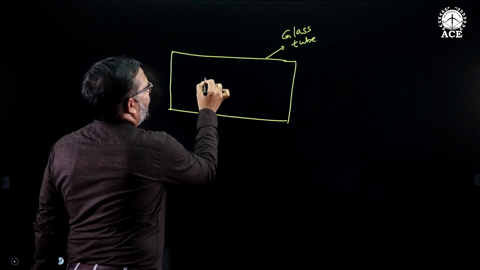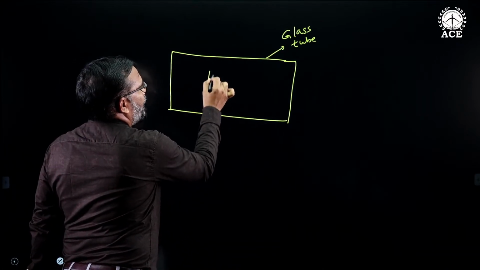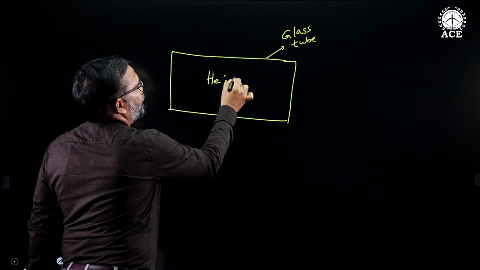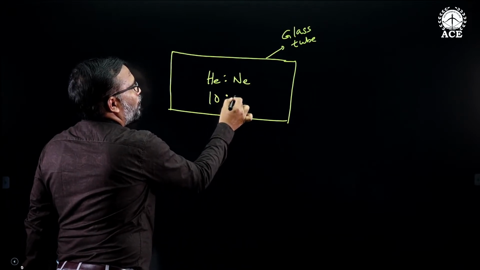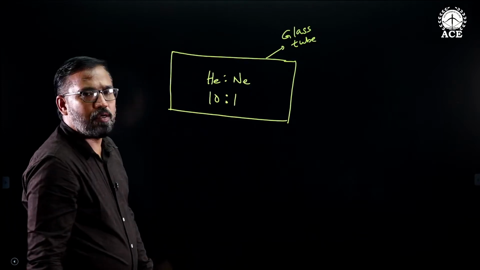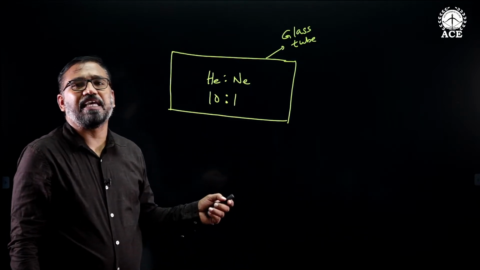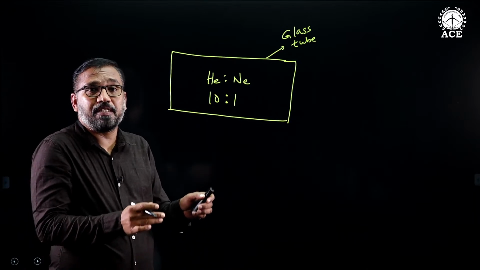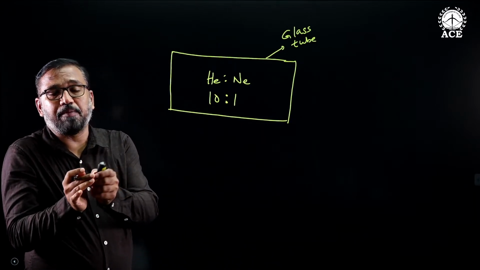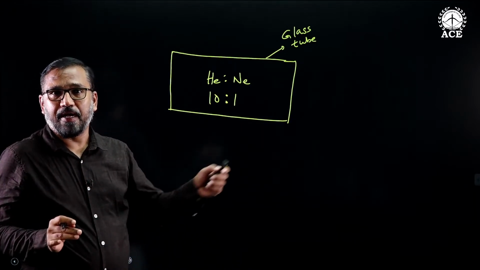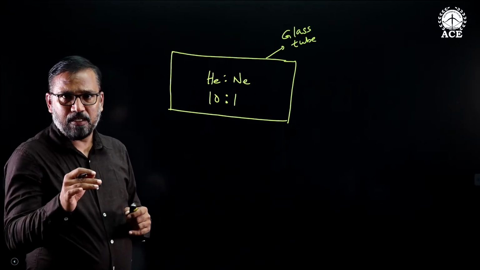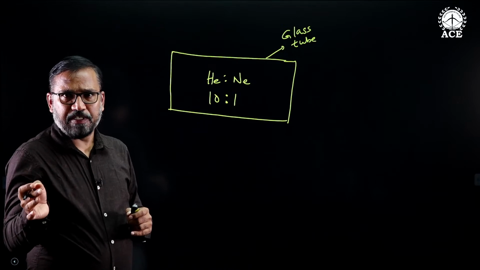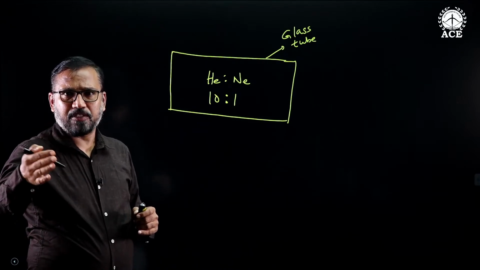In that tube we are enclosing a gas of helium and neon, in a 10:1 ratio. The dimensions are scalable. It is not compulsory that the length be 15 to 50 centimeters and the diameter 12 centimeters.